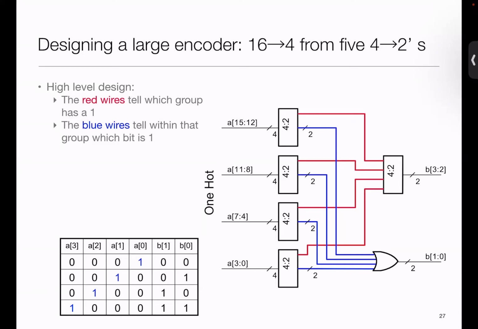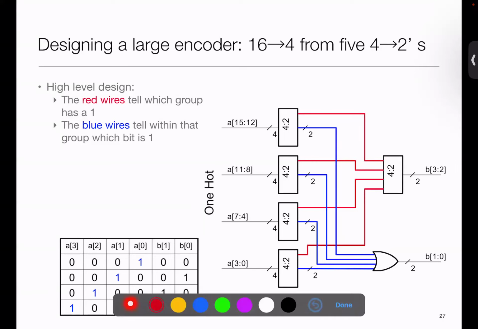So if I look at A, I divide A into 4 groups of 4. But if I look at the whole thing, how many of these A bits are 1? 4. 4. Why? Because you have oh wait, sorry, 5. I mean, 5.